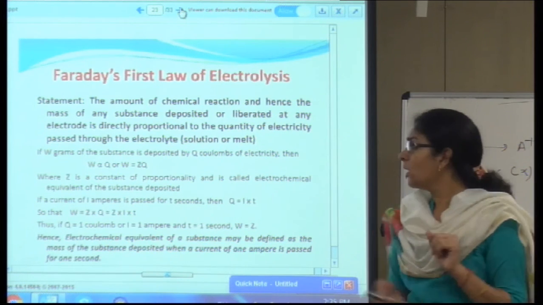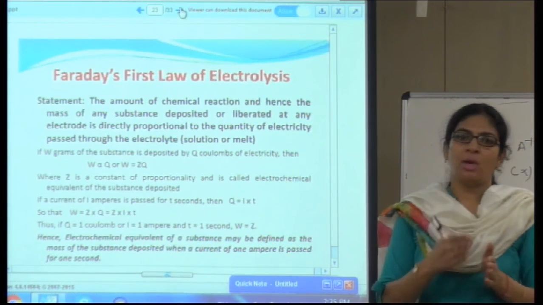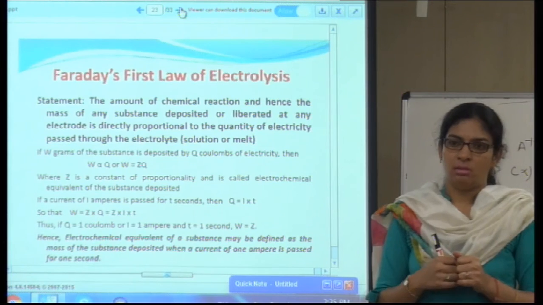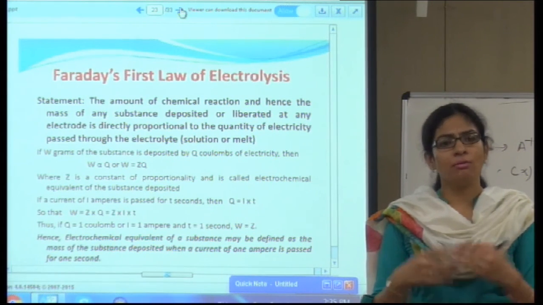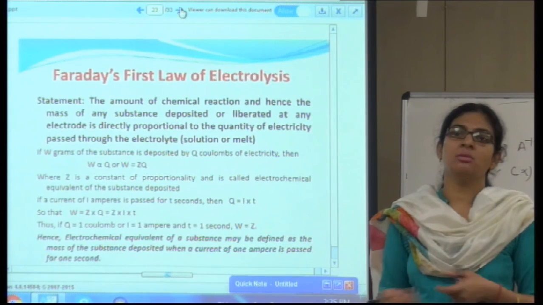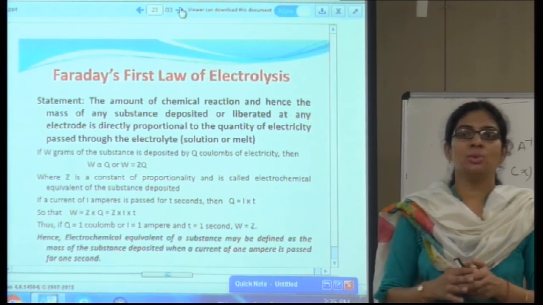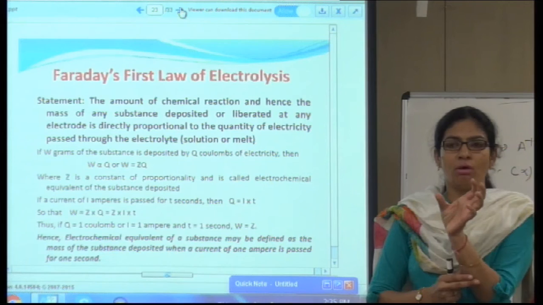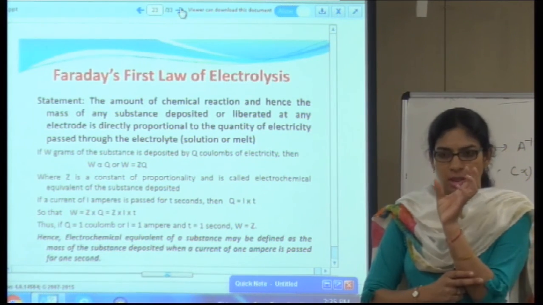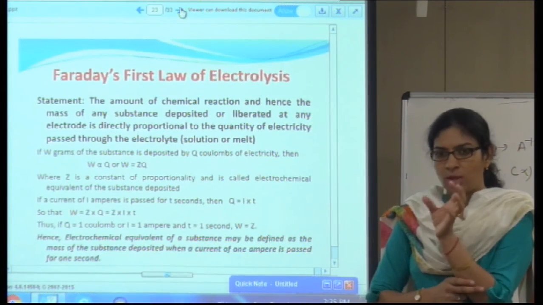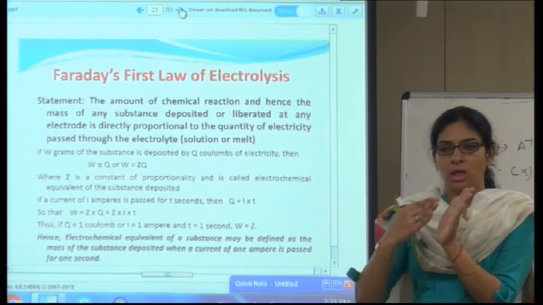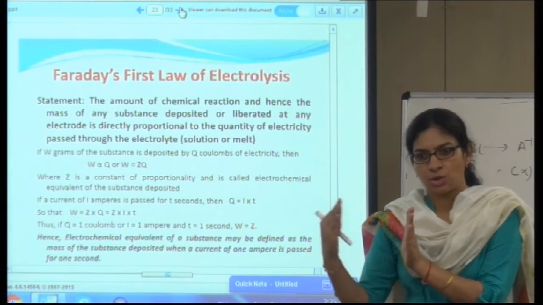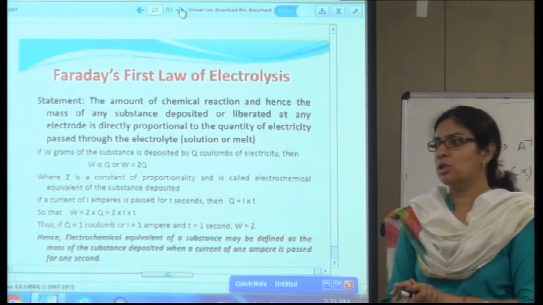The first law says that the amount of chemical reaction which is taking place is directly proportional to the amount of electricity which is being passed. Or you can also say that the amount of substance deposited at a particular electrode is directly proportional to the amount of current being passed through the solution, right.